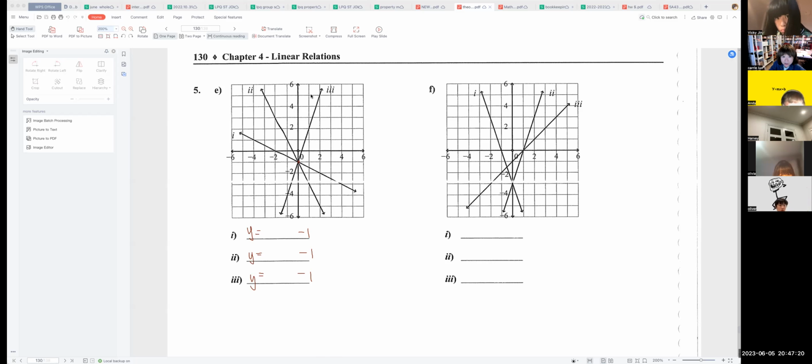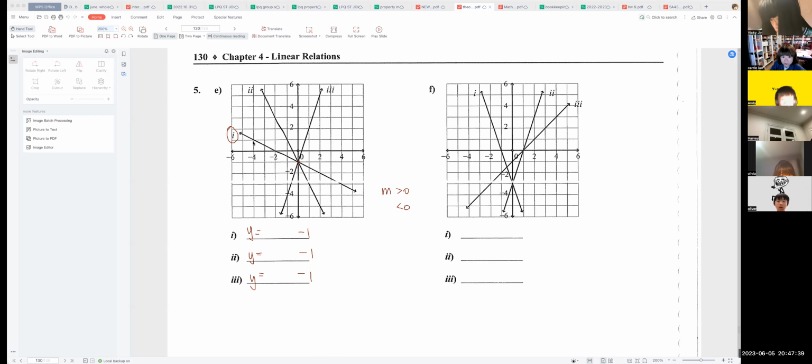Okay, so I'm going to start with 1. When you take the equation of 1, do you think this m is bigger than 0 or smaller than 0? Smaller. Very good. It's smaller than 0.